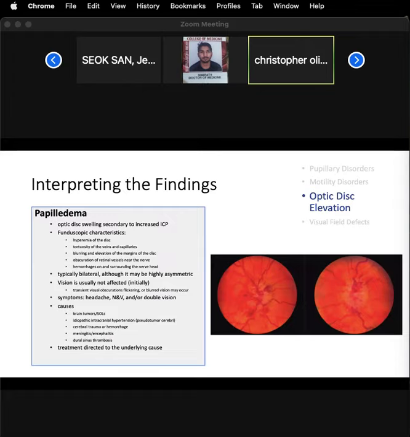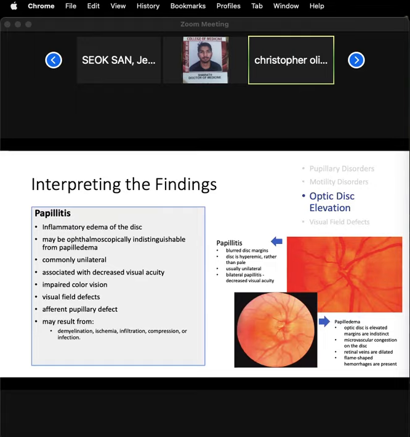Symptoms will be headache, nausea, fatigue. So, what are the causes? It can be due to brain tumors, idiopathic intracranial hypertension. We'll talk about that in the next slides. Cerebral trauma or hemorrhage, meningitis, and encephalitis. So you treat this by treating the underlying cause.